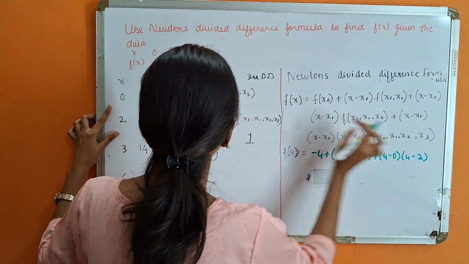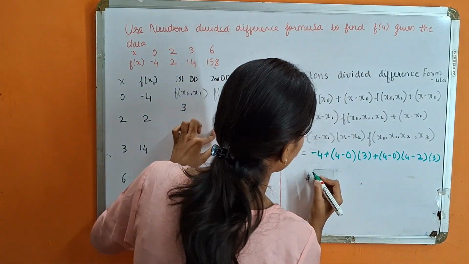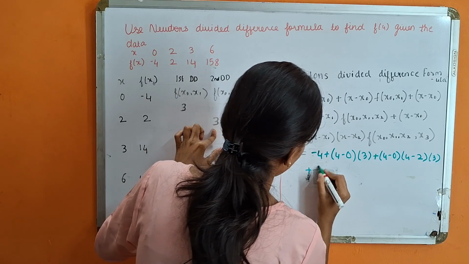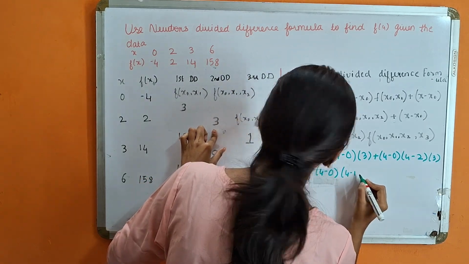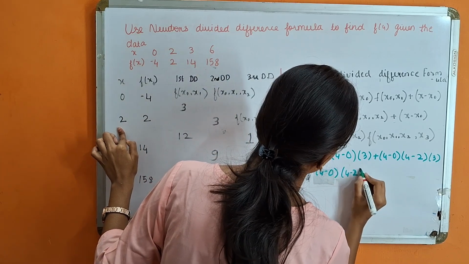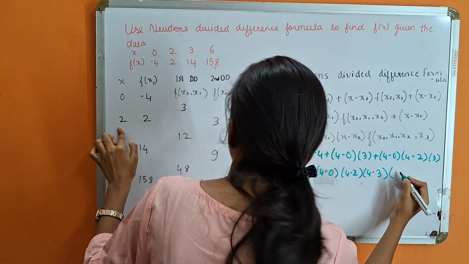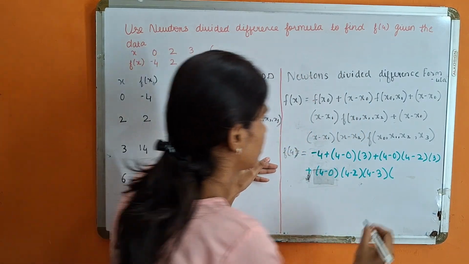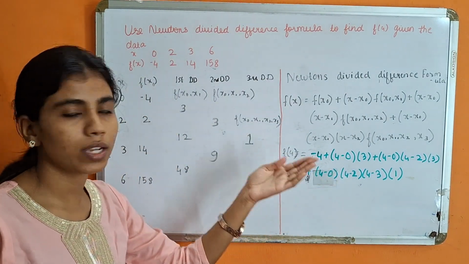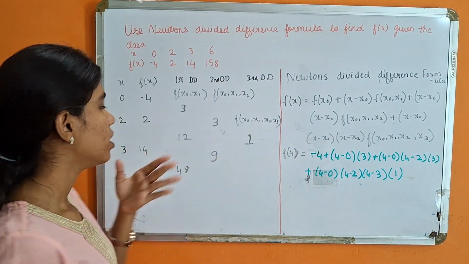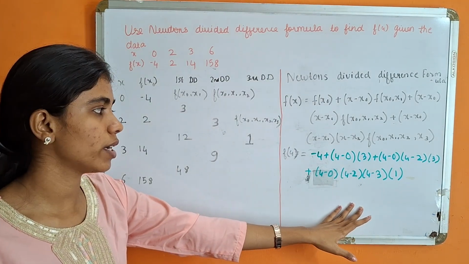F of x0, x1, x2 is 3 plus 4 minus 0, 4 minus 1, 4 minus 2 and 4 minus 3, and your f of x0, x1, x2, x3 is 1. So I have just substituted the values, this is your x0, x1, x2, and this is how we have substituted all the values.